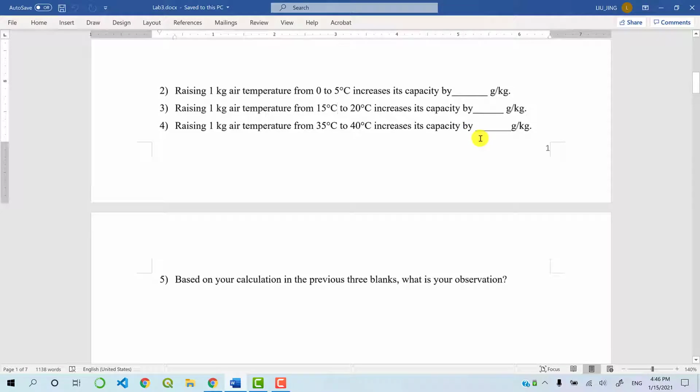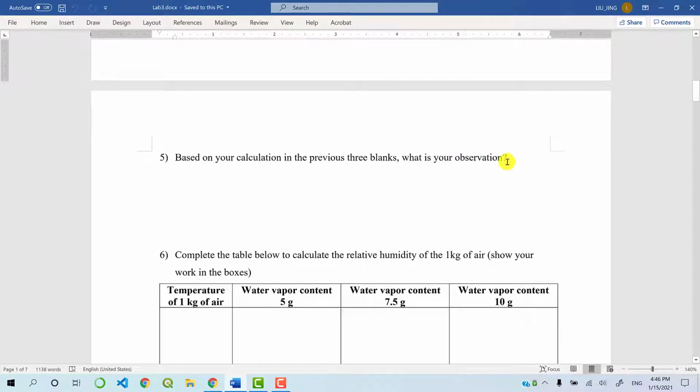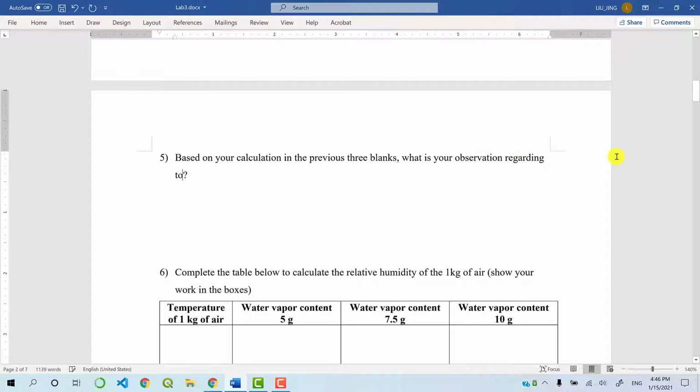If not the same, what's the trend? You will need to answer that in this question. What's your observation regarding the changes every time? This is the thing I want to say.